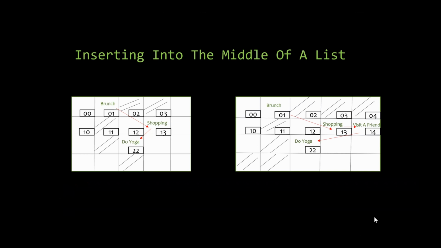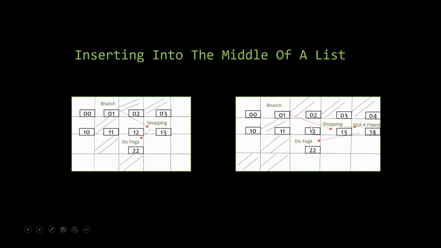For a linked list, it's as easy as changing what the previous element points to. For example, in the first picture, as you can see here, we have brunch, then we want to go shopping, and then do yoga. And they actually sequentially point to each other. Brunch comes first and points to shopping, and after shopping, it points to do yoga.